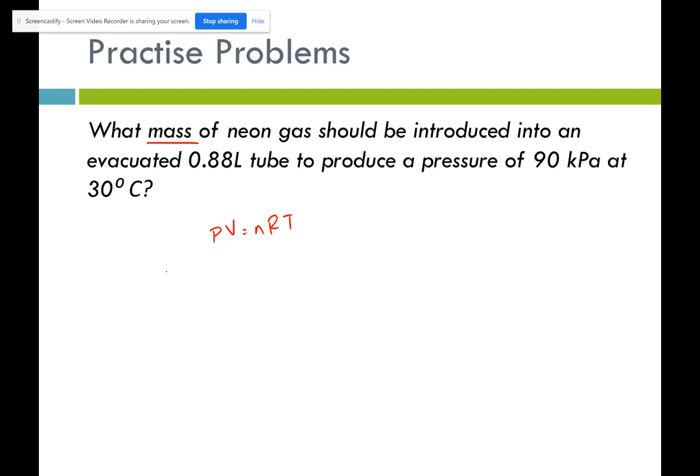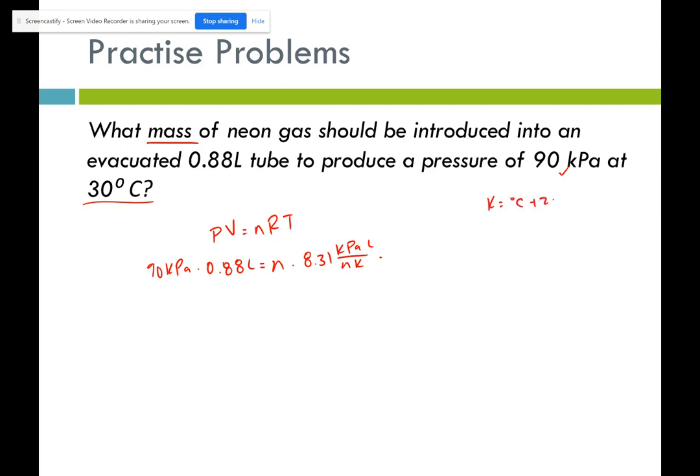So let's put this in. Our pressure is in kilopascals, so that's good. We're going to put in 90 kilopascals. Our volume is in liters, so that's good. 0.88 liters. Our moles we need to calculate. Our R, 8.31 kilopascal liters per mole Kelvin. And our temperature is given to us in degrees C, but we need it in kelvins.